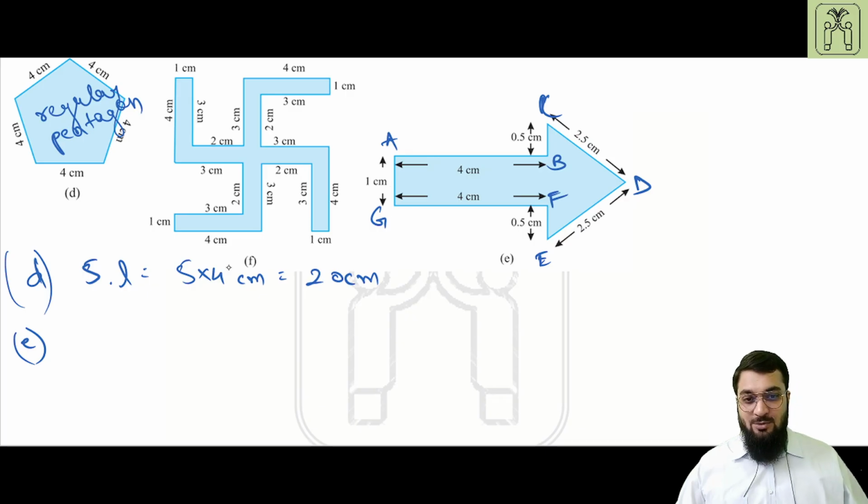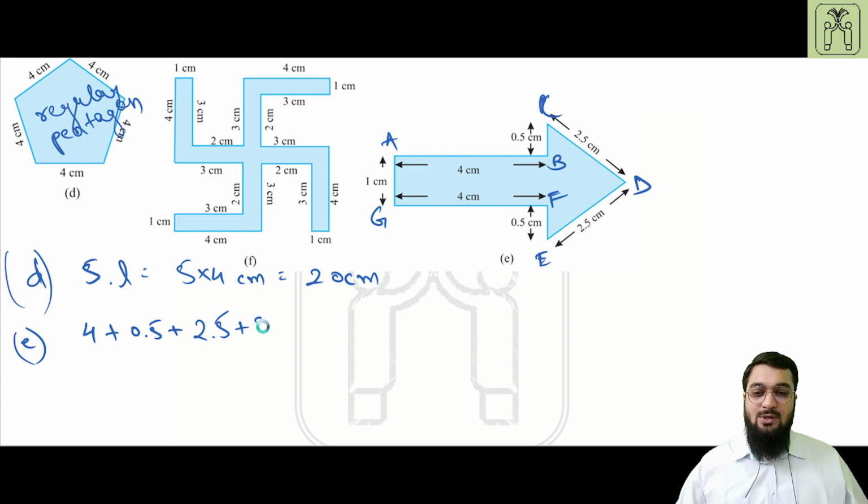So we'll start from AB, and that will be 4 plus 0.5 plus 2.5 plus 2.5 plus 0.5 plus 4 plus 1, and that will be the total, and it will be in centimeters.